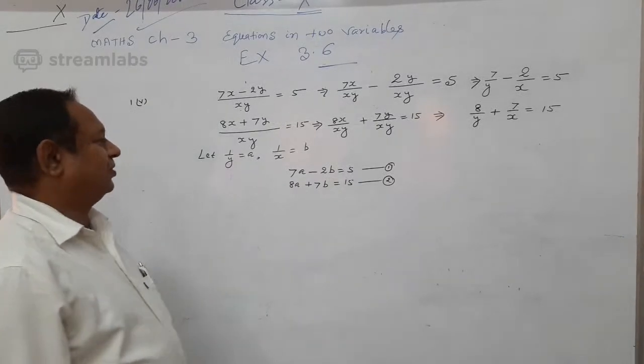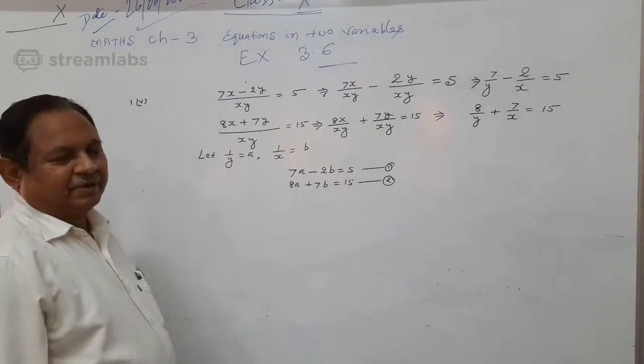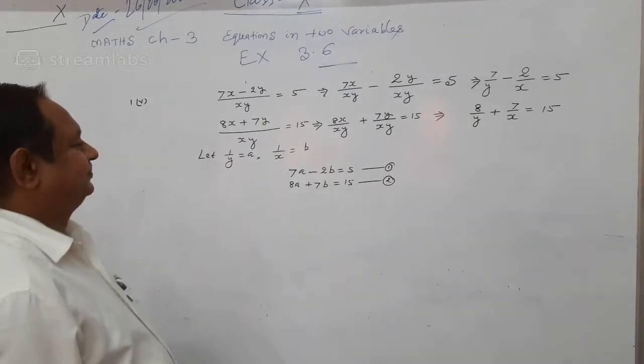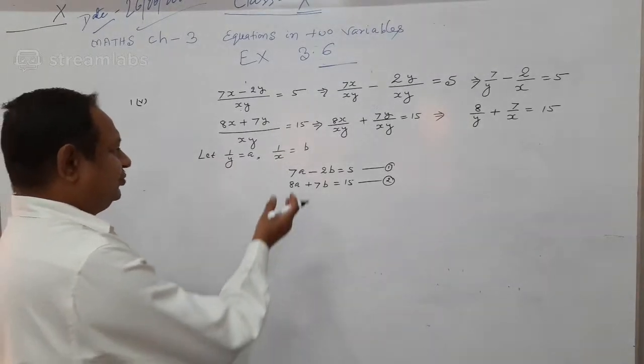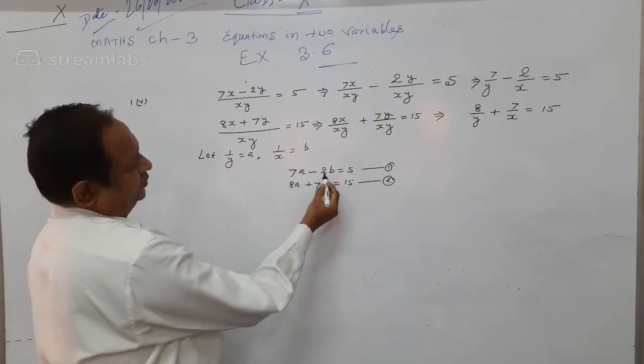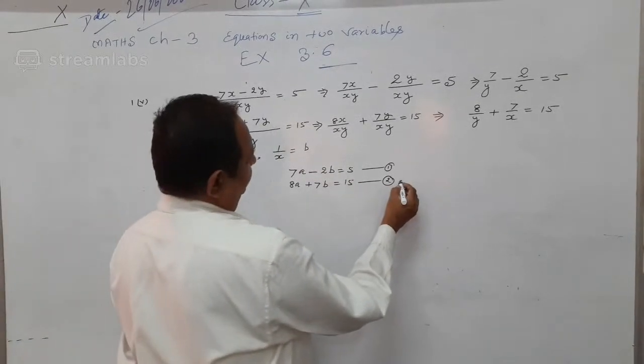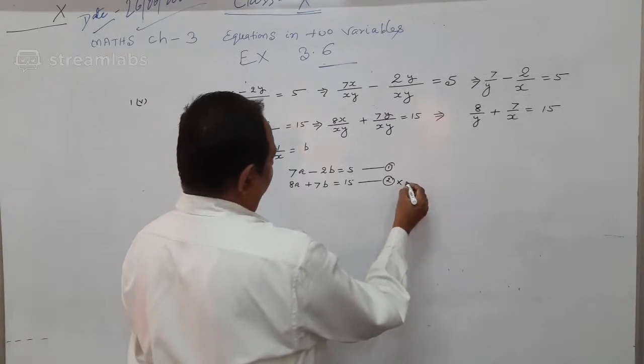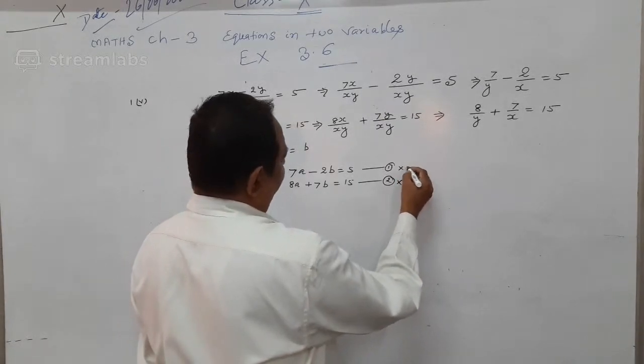Again, we are going to solve by elimination method. We want to eliminate this b. The coefficient of b is 2 in equation 1. So multiply equation 2 by 2 and equation 1 by 7.